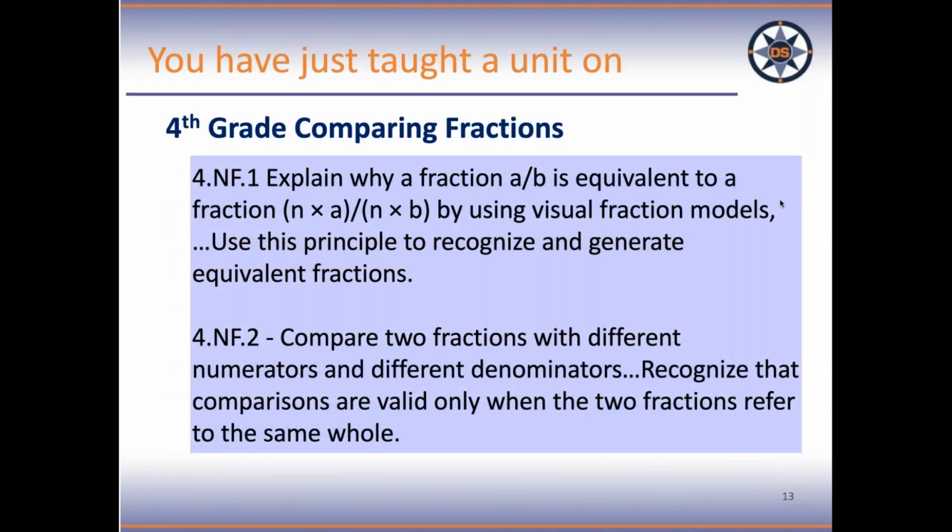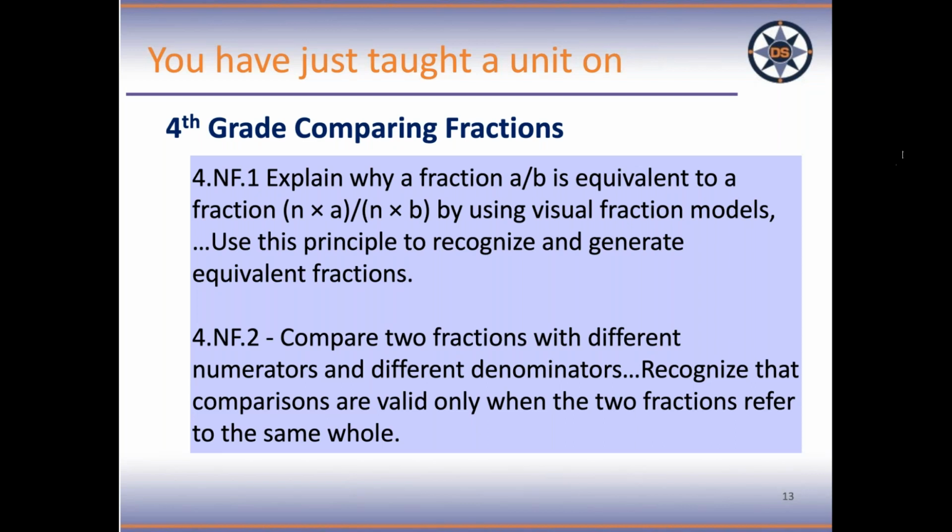All right, so we're going to actually go into Performance Plus, and I'm going to show you the process of once I've chosen my standards, which here we're going to start with NF for grade level 4, NF1 and NF2, okay?